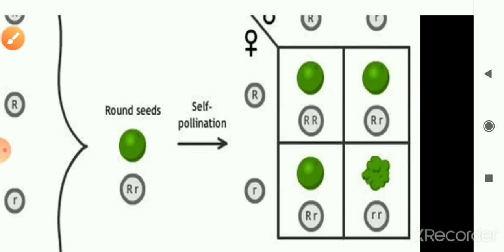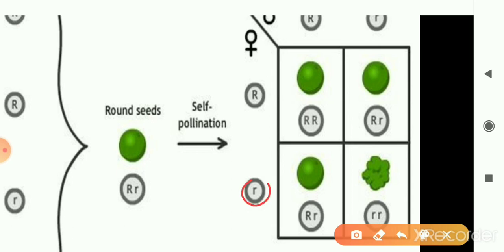Similarly, there is another possibility: if a gamete having the factor for wrinkled shape fuses with a gamete having the factor for round shape, then the genetic makeup of the zygote and the individual will have a factor for round and a factor for wrinkle, and as round is the dominant factor, the phenotype of the seed will be round.